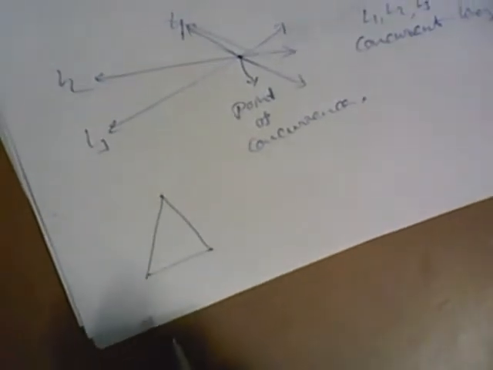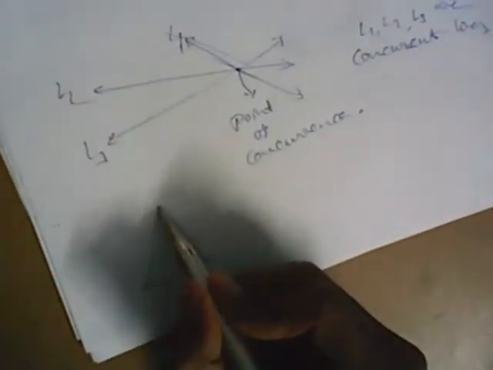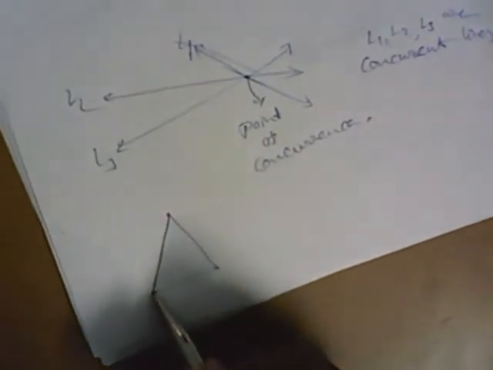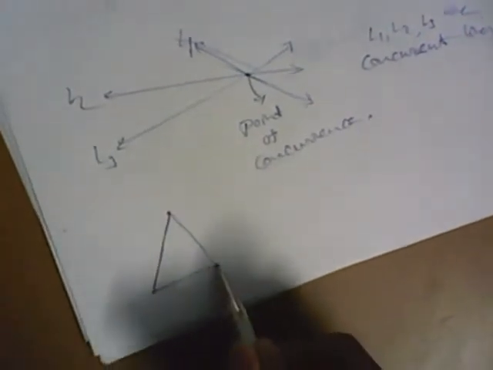Coming to the concept of triangles, in a triangle, we can observe three different lines from these vertices. So first we need to discuss some standard points in a triangle.